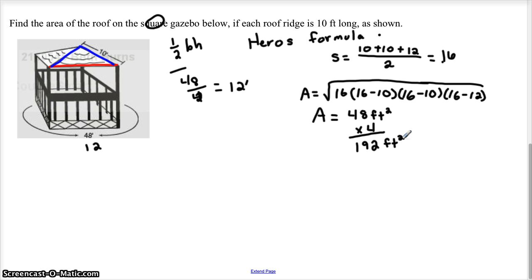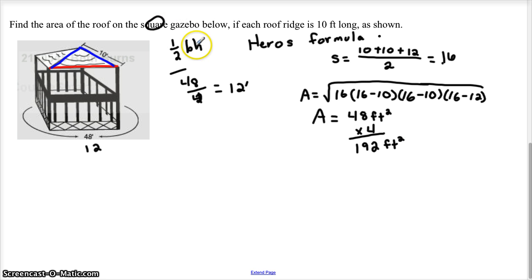The second way I can do the problem is to find the height of the triangle, which would be this distance right here.